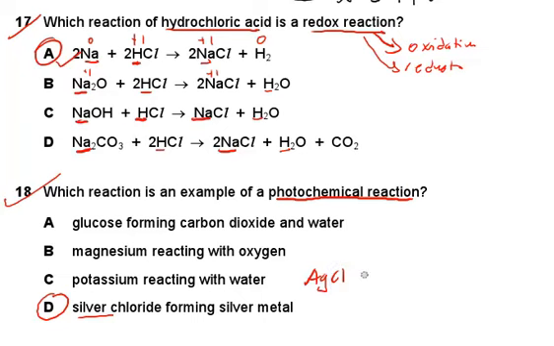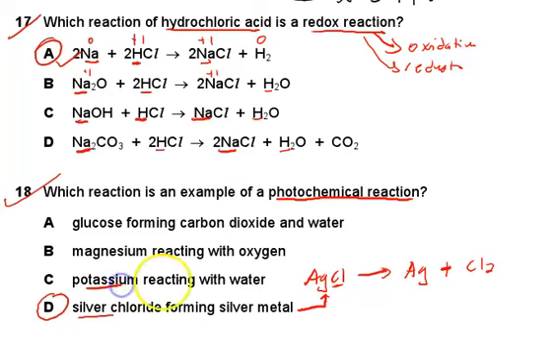When it is in the presence of sunlight, it will decompose into silver metal, and the chlorine gas will be released. So this is a photochemical reaction.